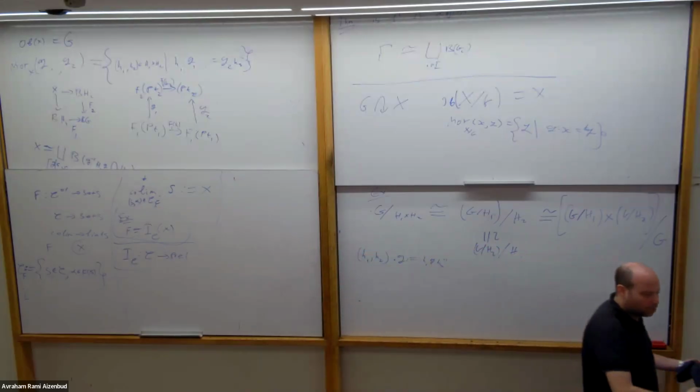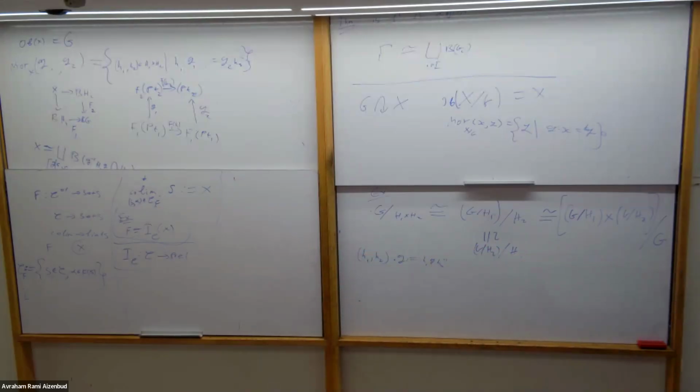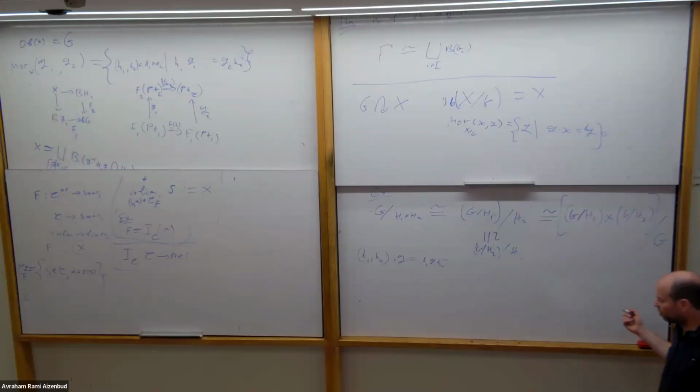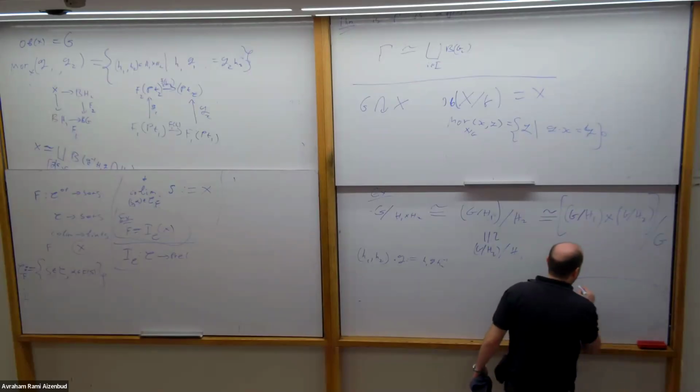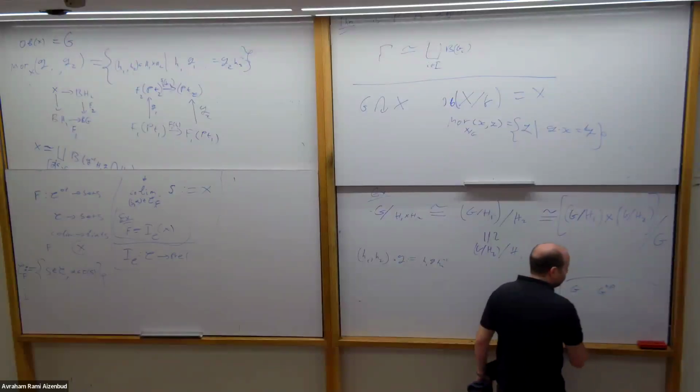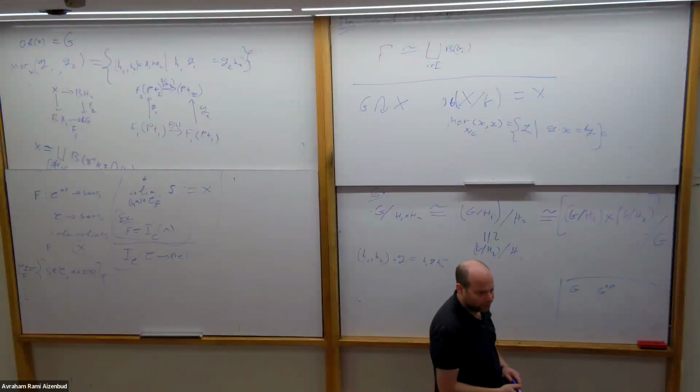But this is isomorphic to the situation when they're acting the other way around, because we have an isomorphism between a group and the inverse group. For any group, we can define the inverse group, which has the same elements but the product going the other way around. And these two groups are always isomorphic, because the inverse map is an isomorphism between the group and the opposite group. So I have G and G op. This is group theory, not even category theory.